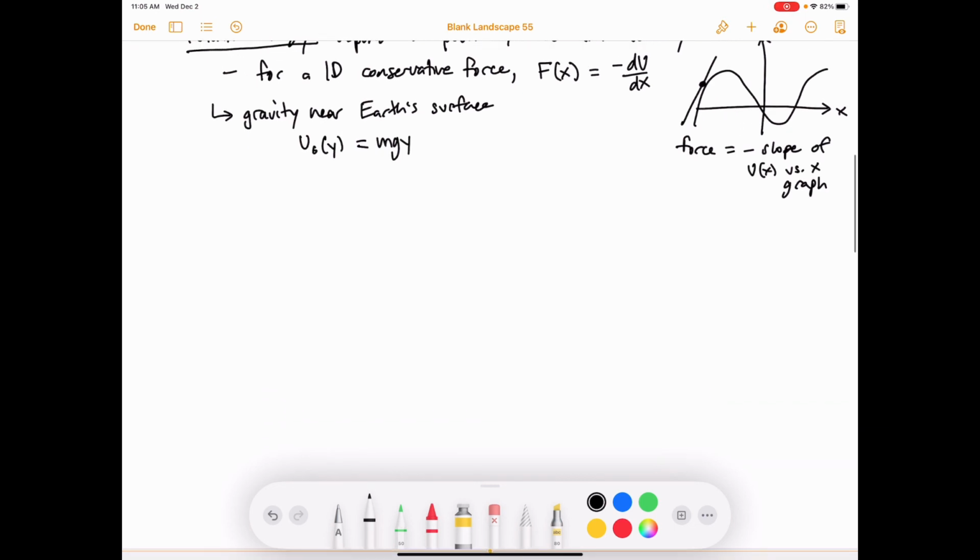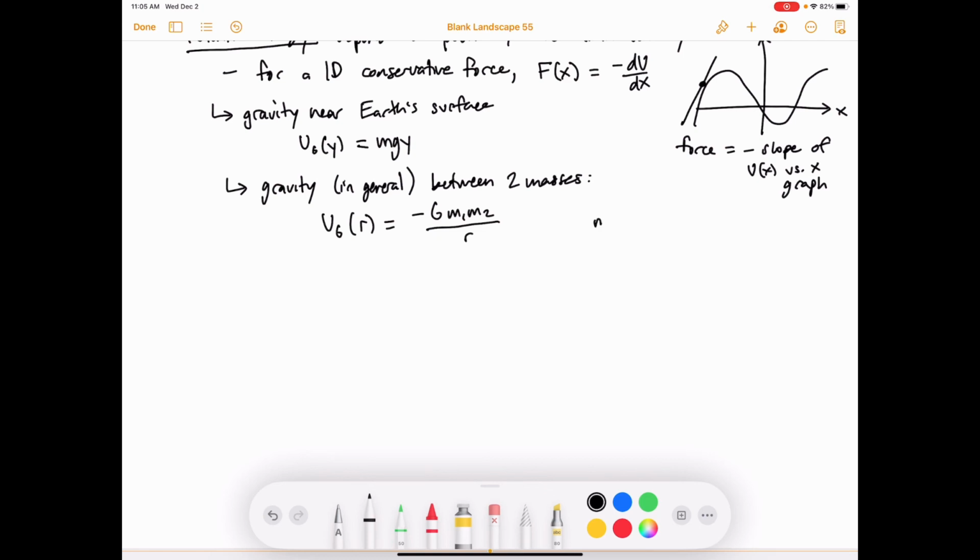We also saw that in a more general situation, the gravity between two masses is given by the following. U_g as a function of r equals minus G m1 m2 divided by r.